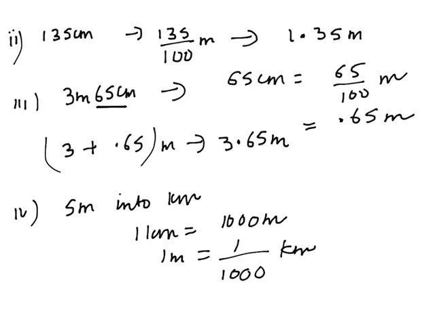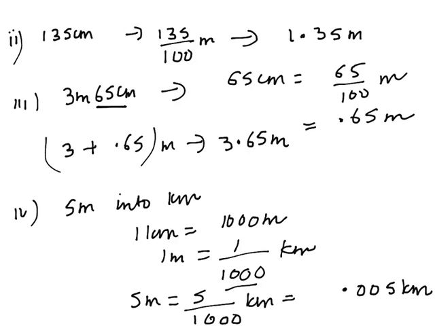Here the thing has changed from 100 to 1000. We have to take care of it. So 5 meter we can write as 5 by 1000 kilometer. Here we have 3 zeros in the denominator, so we write it as 0.005 kilometer.